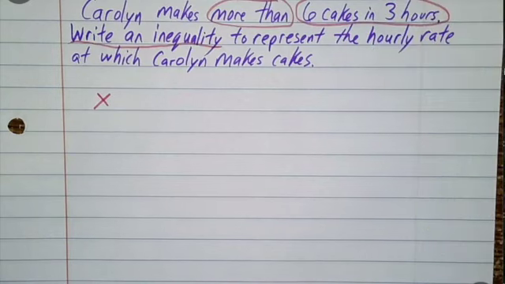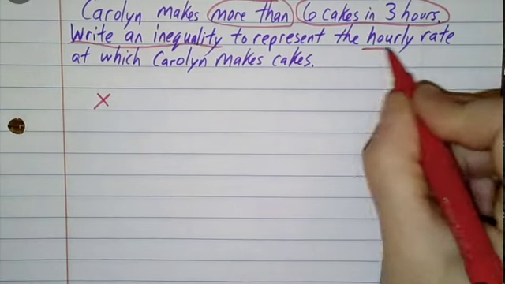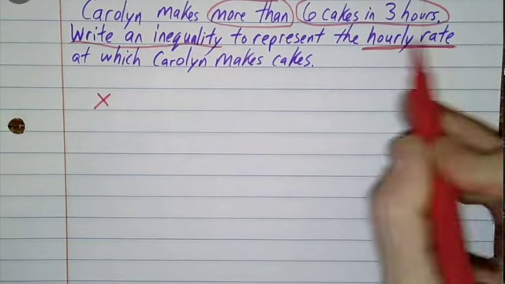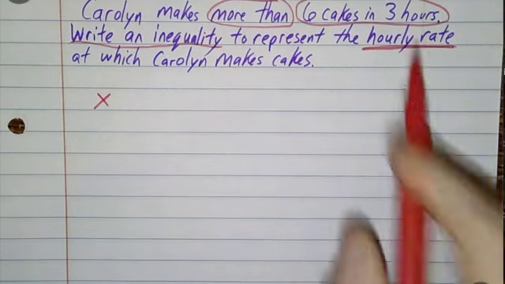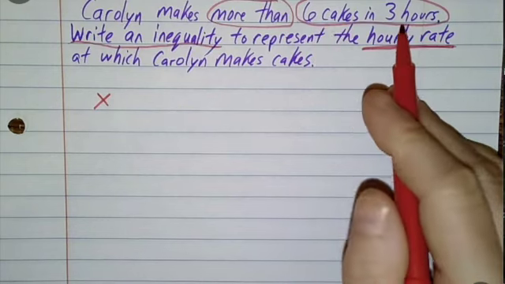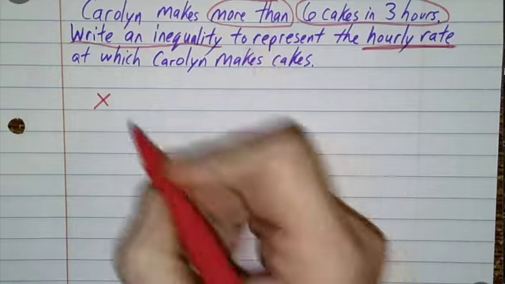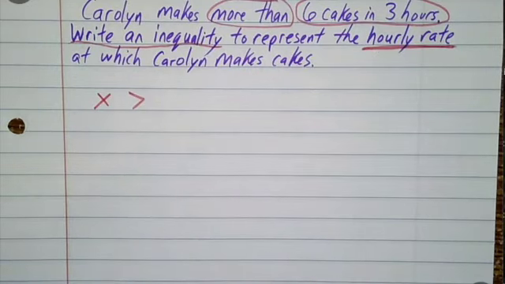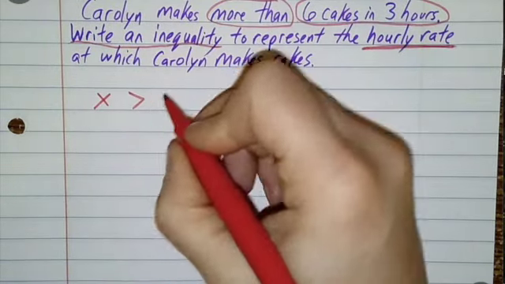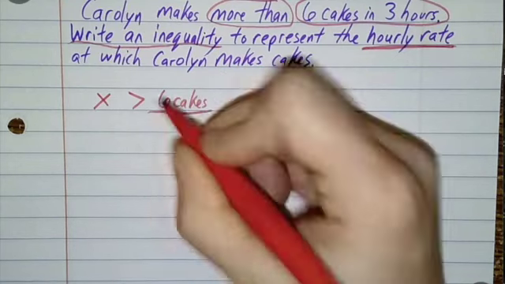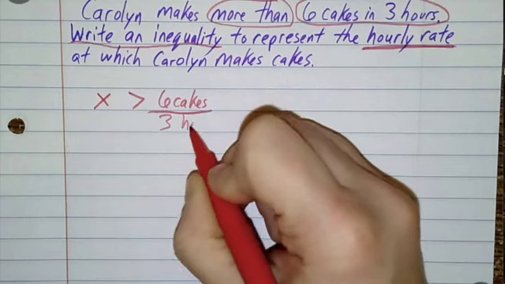That is not the rate, because rate means per one, and hourly rate means per 1 hour. Well, we know the ratio she makes, which is 6 cakes in 3 hours, and it says more than that. So if more than, you use the greater than sign. I like to write my ratios as fractions, so I'd put 6 cakes over 3 hours.